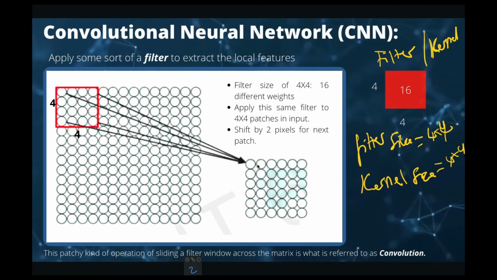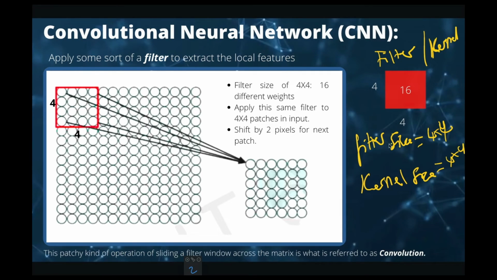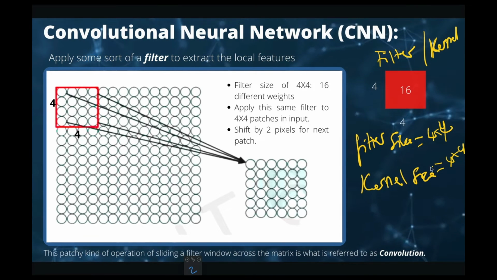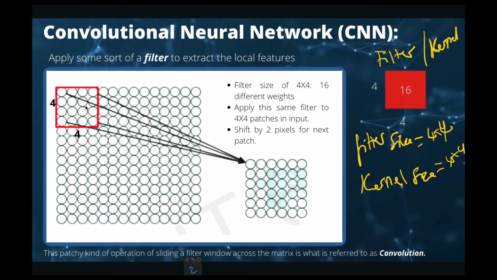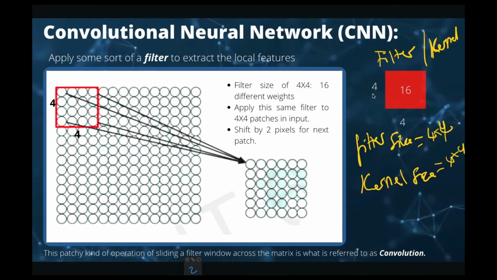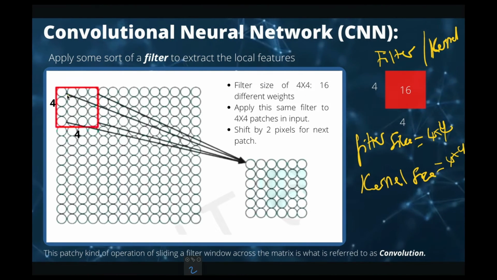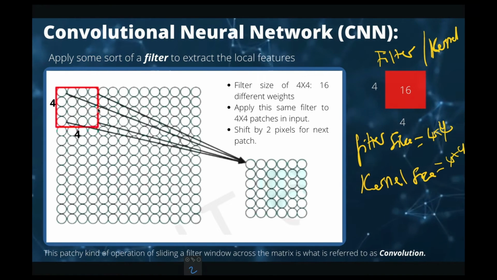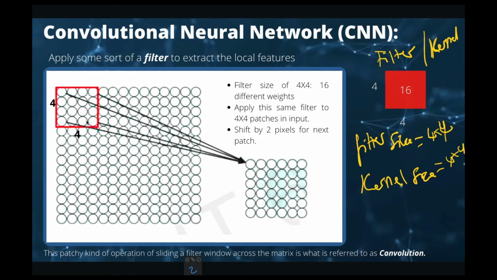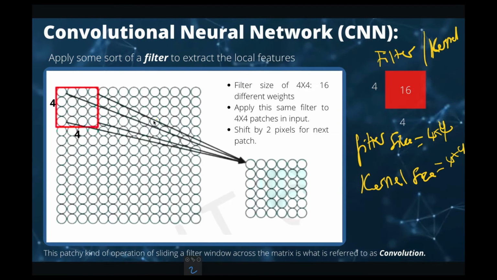If I specify the filter size or kernel size to be 4 cross 4, then I will need a space over here of 4 cross 4 to put it on. I cannot specify 4 cross 4 here and put it on this 5 cross 5 space over here. It doesn't work that way. The patch over here will not match, so it should be the same.